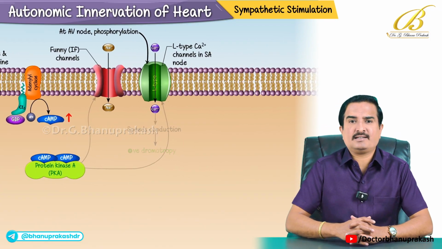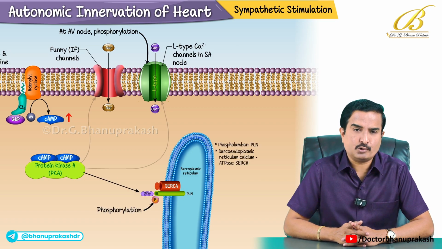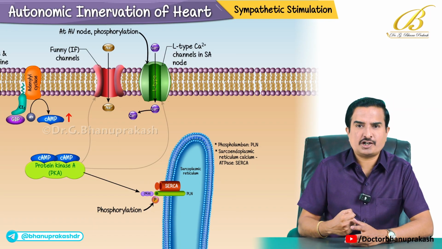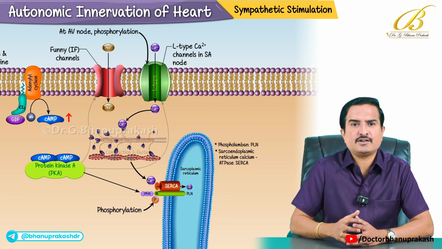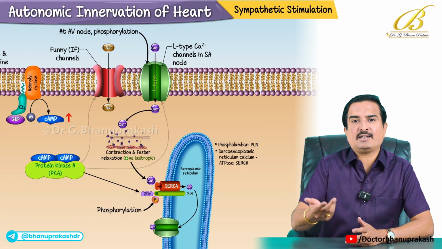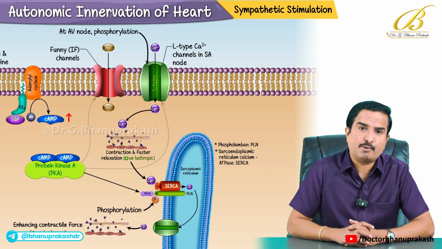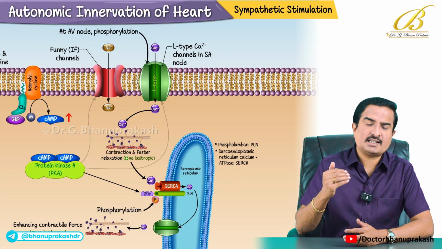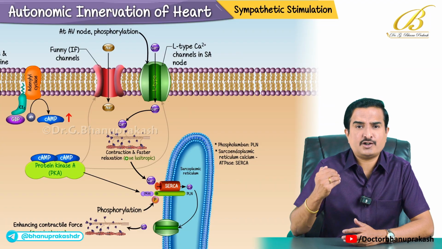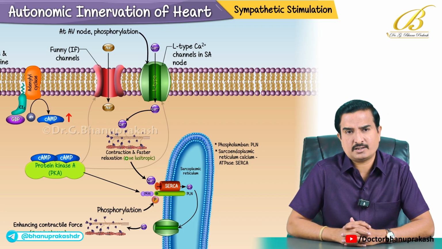And in the cardiac muscle cells, phosphorylation of the phospholamban protein fires up the SERCA pump to sequester the calcium faster, leading to quicker relaxation, which is the positive lusitropy. Meanwhile, more calcium is released during systole, enhancing the contractile force, which is the positive inotropy. All these effects, whatever you are seeing over here, are the sympathetic activation on the heart.